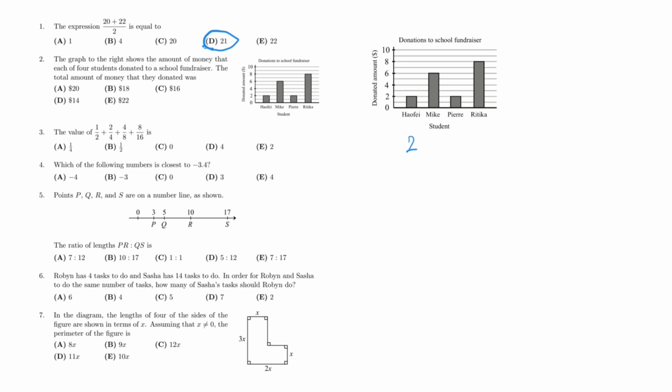Mike donated $6. Pierre donated $2 and Ritika donated $8. So the total donation is $18. So the answer of number 2 is B.